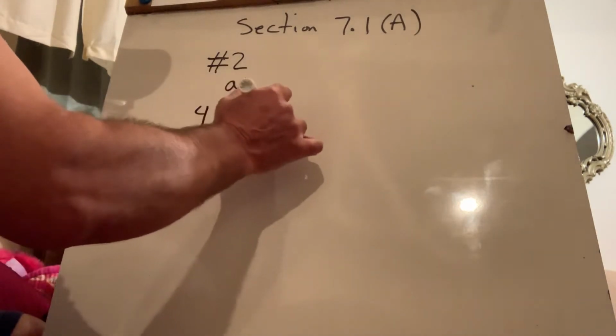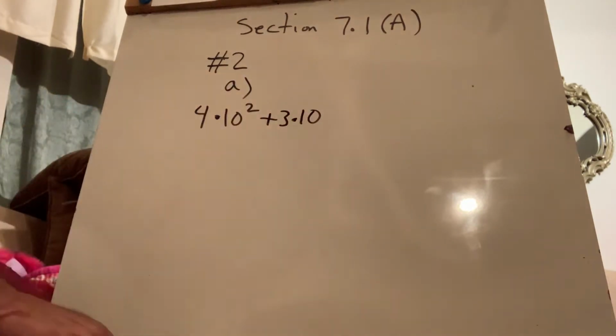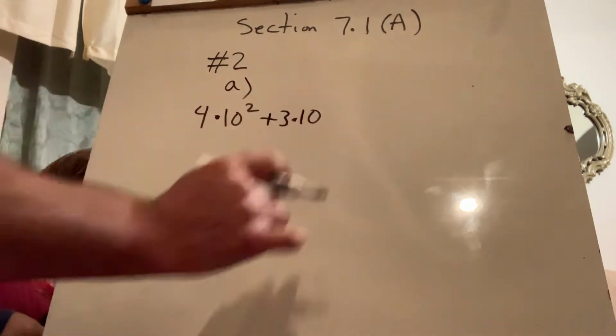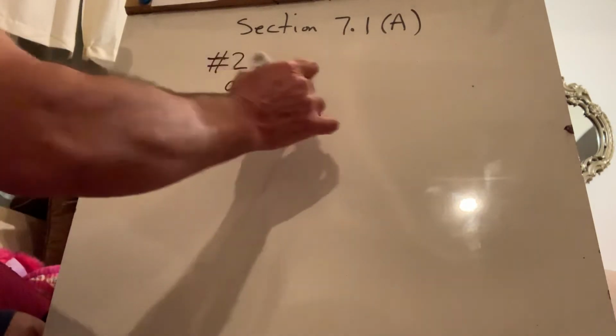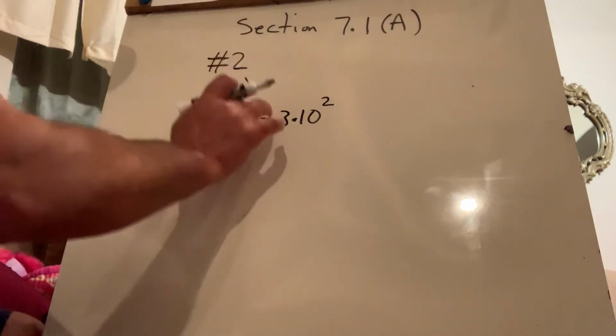Plus 3 times 10, plus 5 times, plus 10 times 10 squared, and this is, I believe, 10 cubed. Sorry about that.